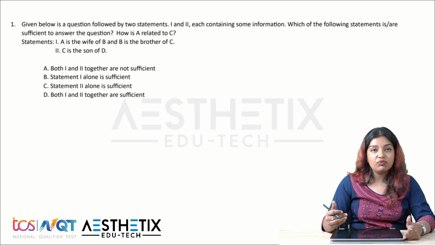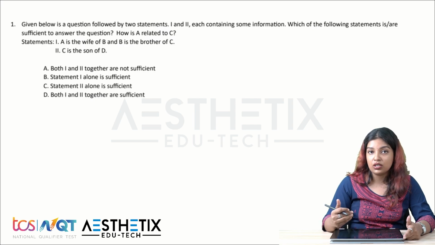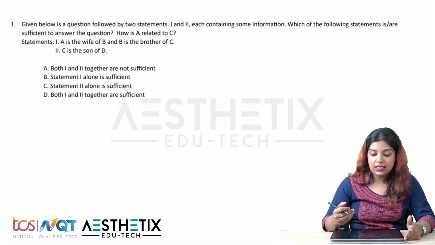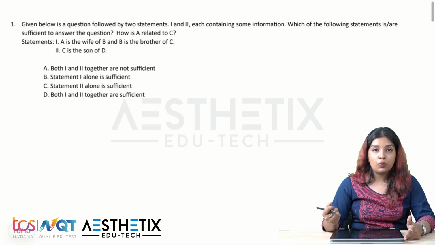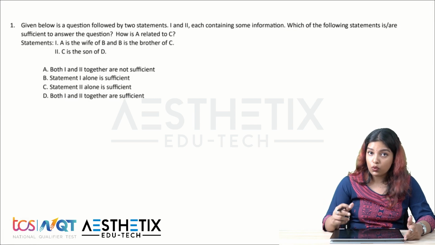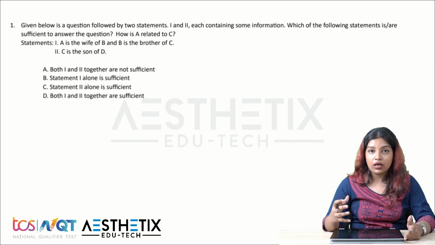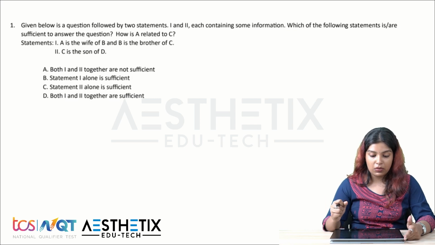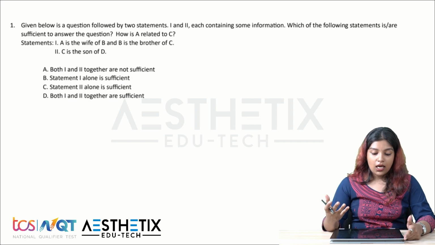And after that, we have to see whether we can answer the question using statement 2 alone. If we can answer using 2 alone, the correct option would be statement 2 alone is sufficient. If it is required to use both the statements together, or if we are only able to obtain an answer while combining both the statements, then the answer would be both 1 and 2 together are sufficient.